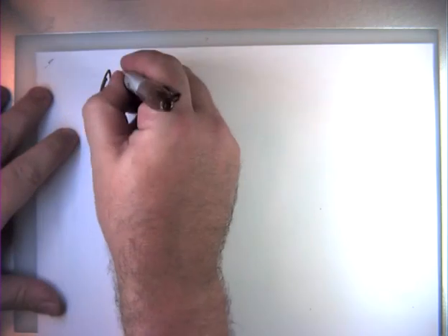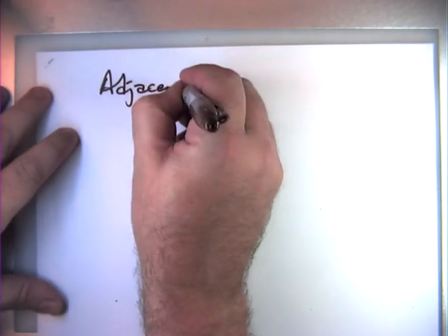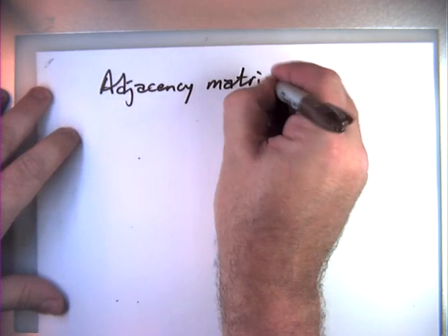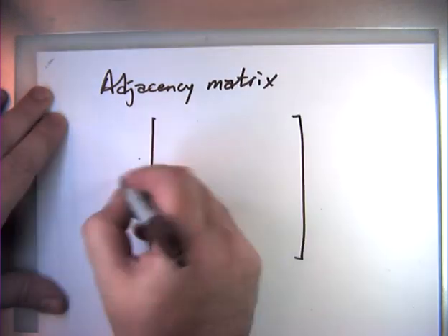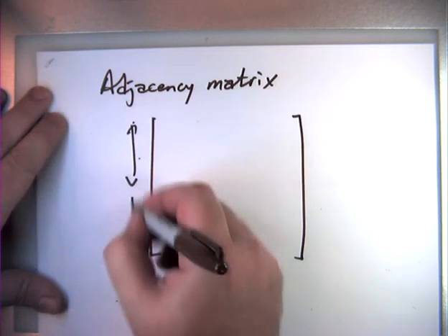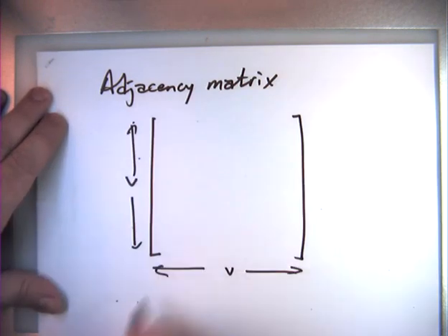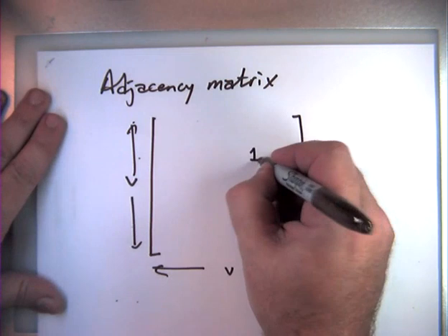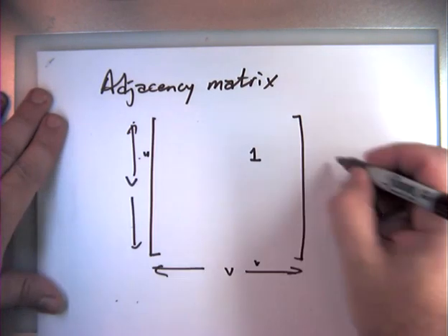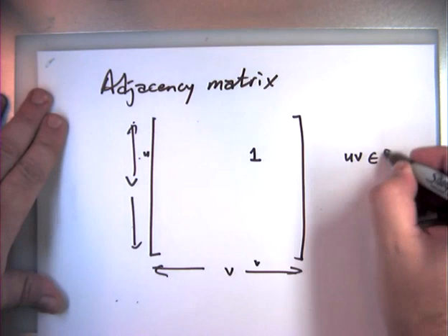But that's not the only data structure that people use. I wouldn't think of the other one. An adjacency matrix. Okay, in this case, you have this big matrix whose rows are indexed by vertices and whose columns are indexed by vertices. And there's a 1 in row U, column V, that indicates that UV is an edge.